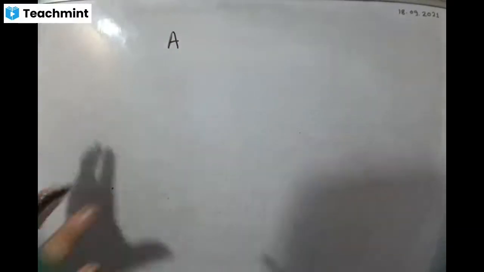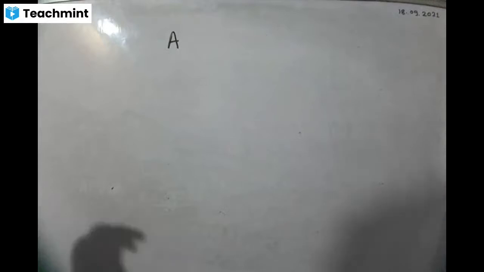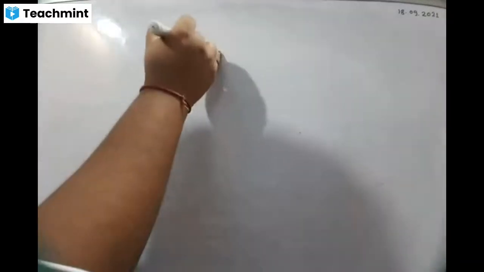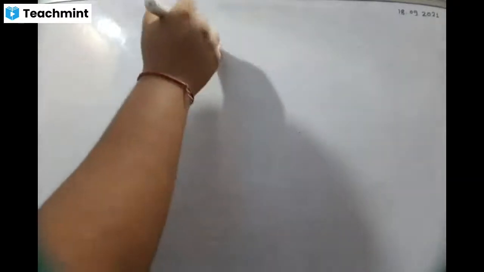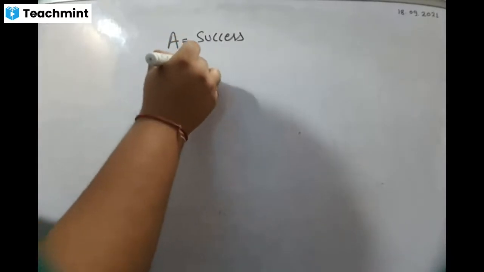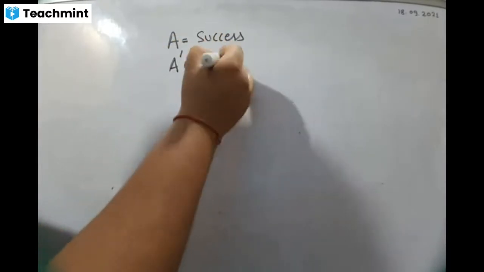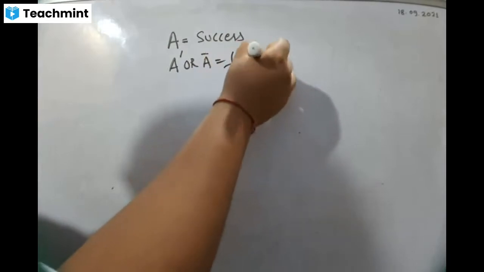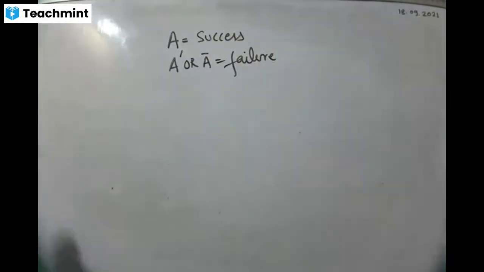If A is an event, let us say an event of success, then we call the other A dash or A bar. This is called A complement. This is called failure.